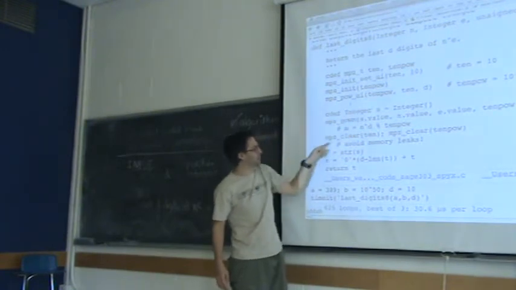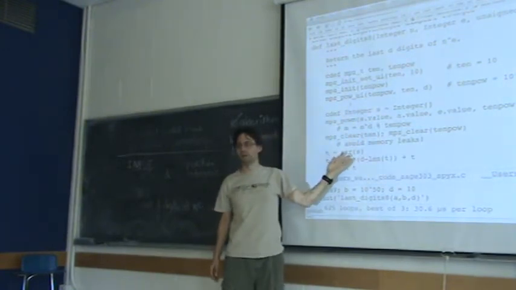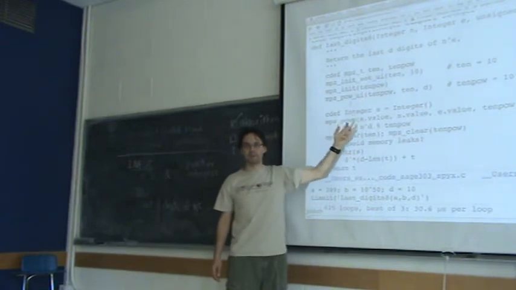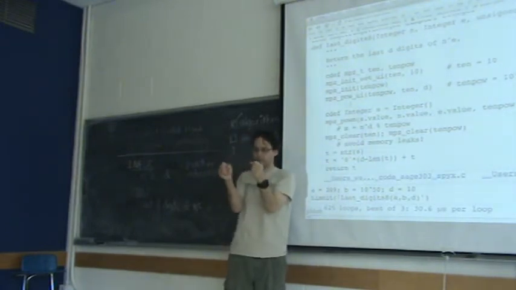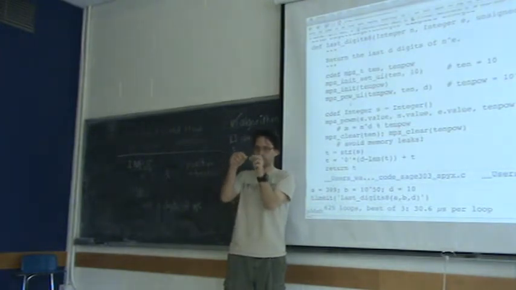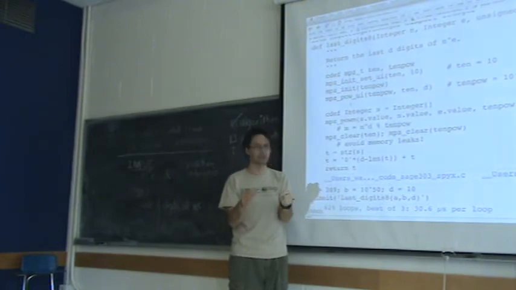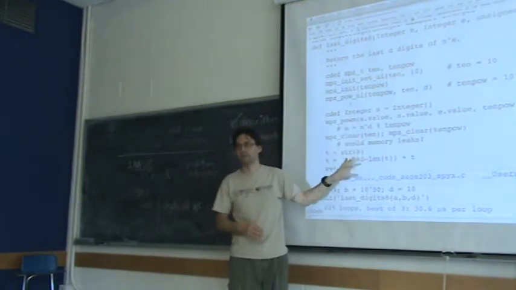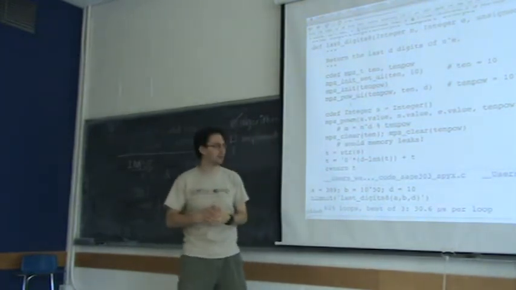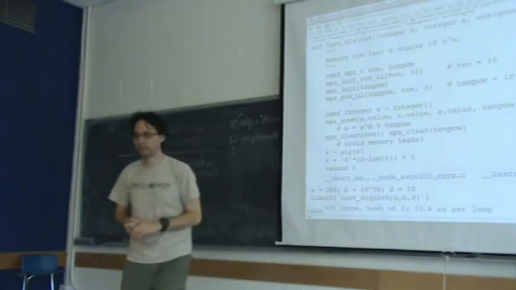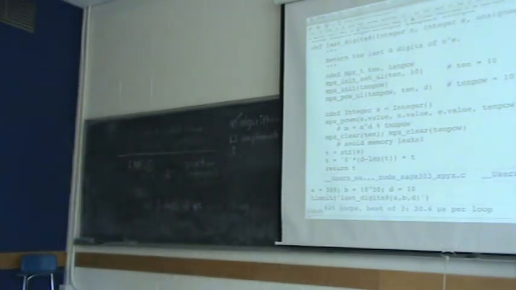The reason I had that code is because I wanted to be able to call str on it. I didn't want to have to mess with calling into the GMP C library to turn a GMP number into a string and then turn that string into a Python string. So I just wanted to save a little time by doing this. Not time in the sense of runtime, but development time. Because I suspected that the powering would be the problem.